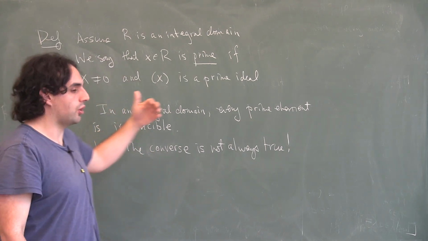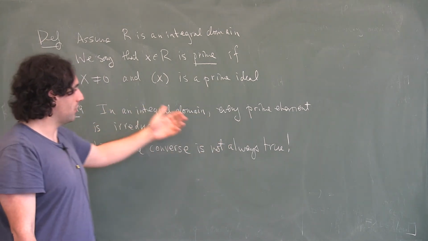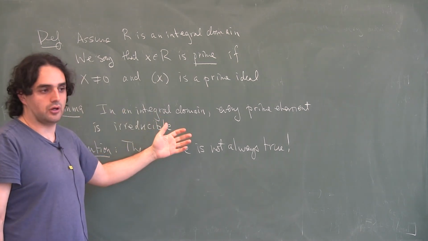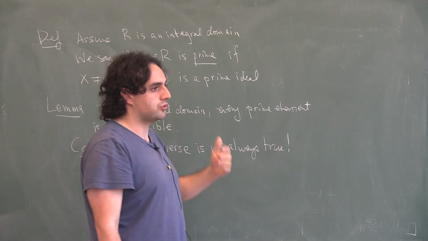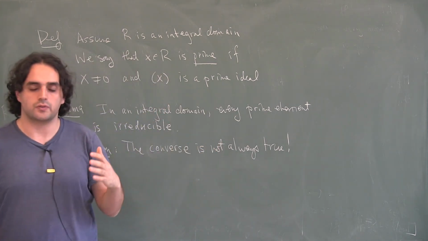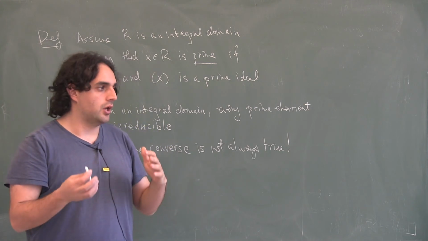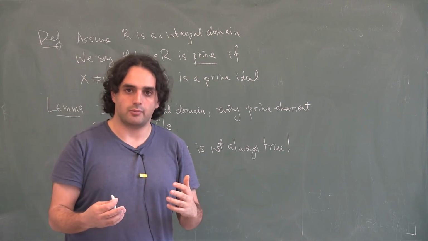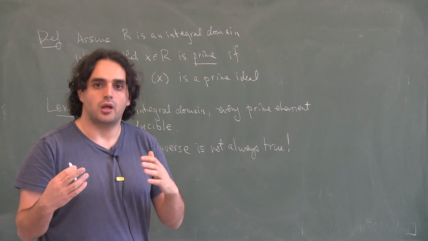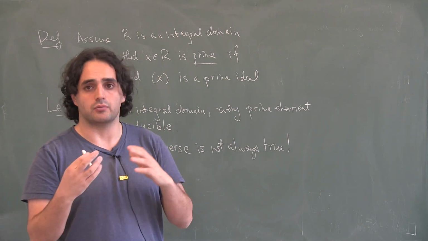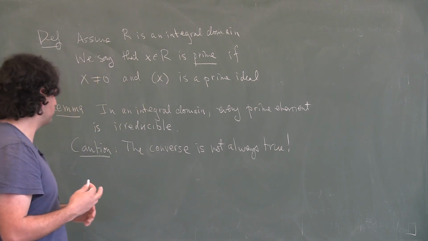Okay, what do I mean by it's not always true? I mean that in some rings it is true, but in others it is not. And understanding in which rings it's true and in which is not is very closely related to the problem we had before of understanding when every non-zero prime ideal is maximal, as an almost converse to the statement that every maximal ideal is prime.